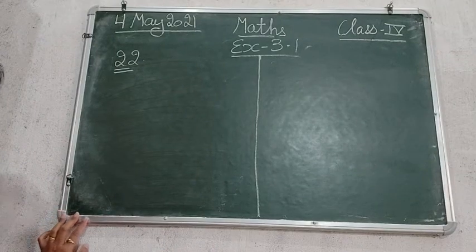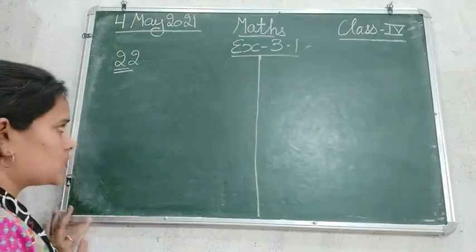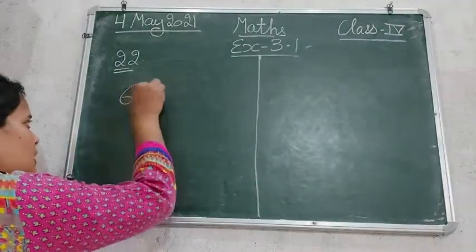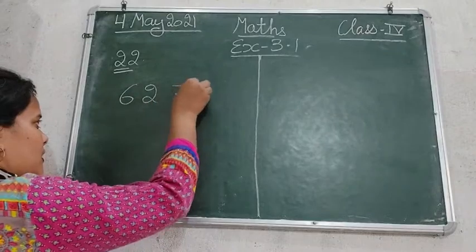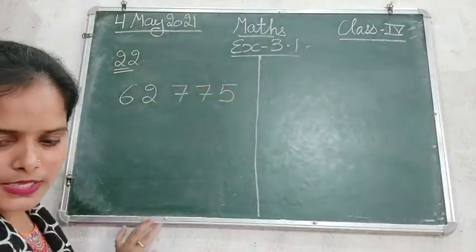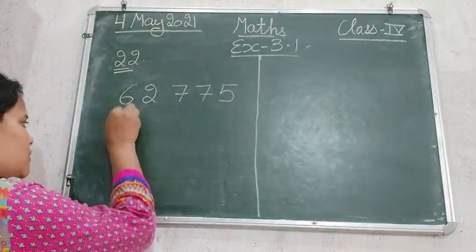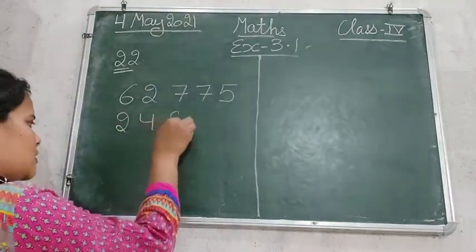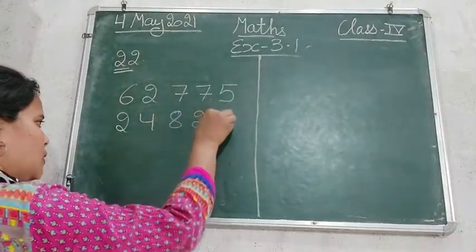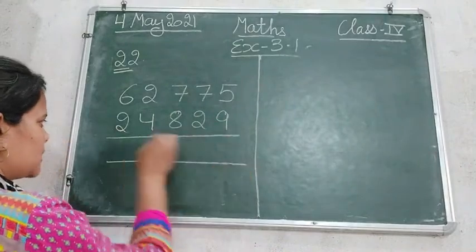Okay, in question number 22 we need to add 62,775 plus 24,829. So let's add them.